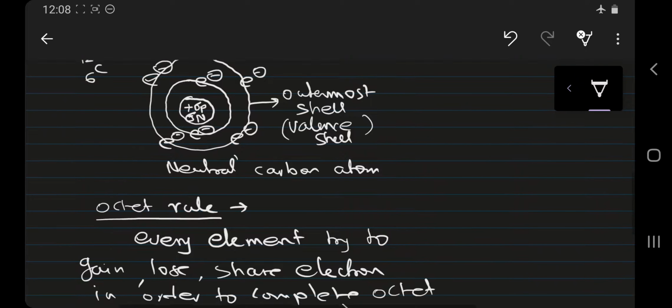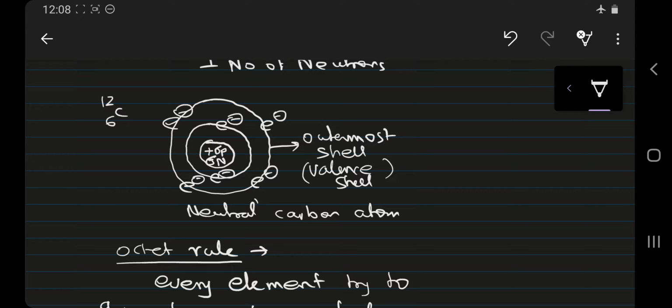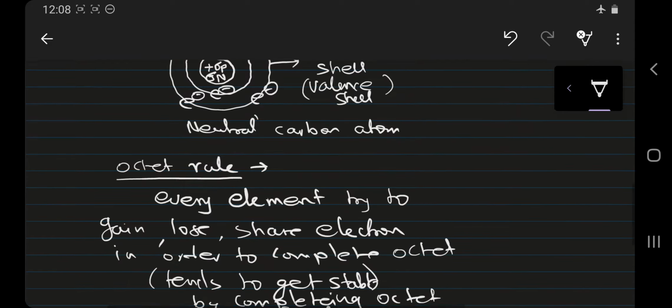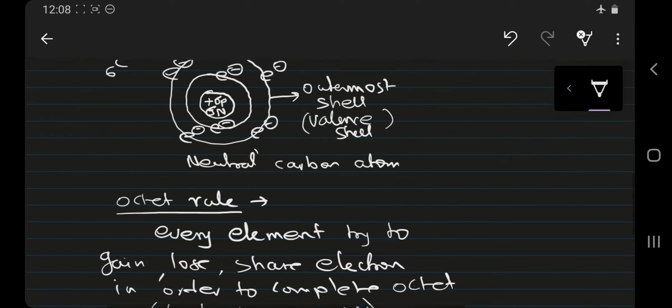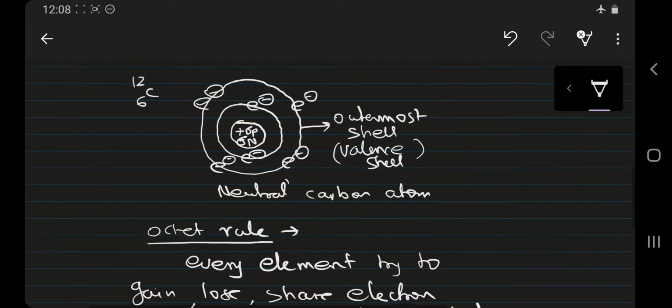Then you have to think of this carbon structure, again a representation of atomic carbon. 4 electrons are there in the outermost orbit, and according to the octet rule, carbon will follow the octet rule, and it will tend to get 8 electrons in its outermost orbit. For the purpose, let's show carbon in this new representation, that is the electron dot representation.